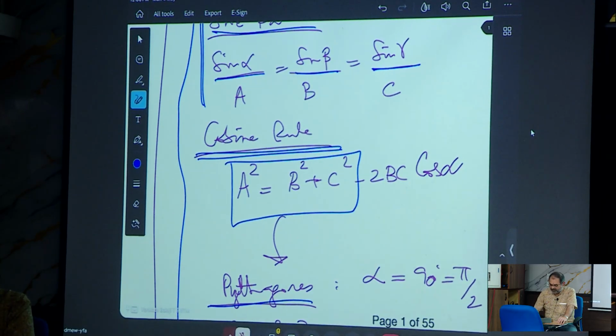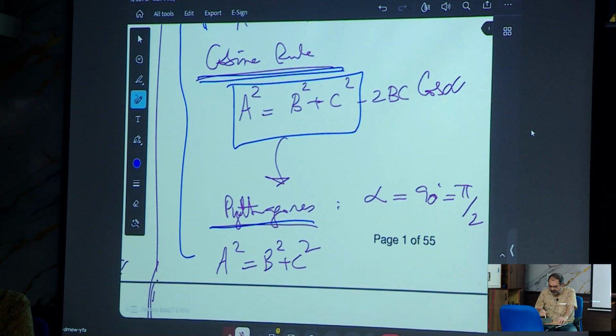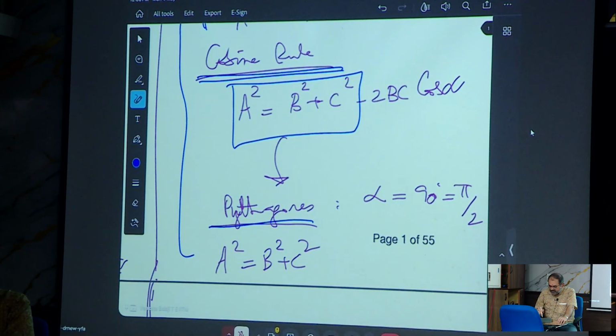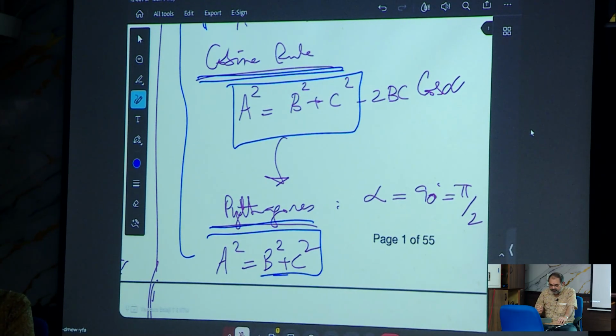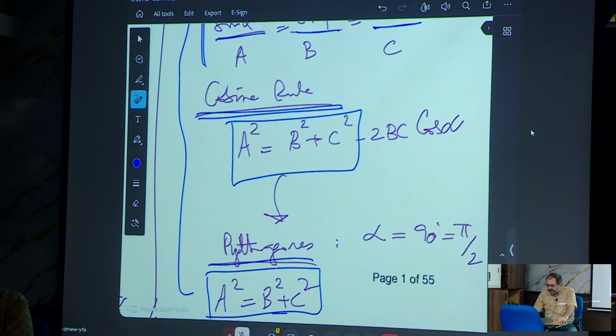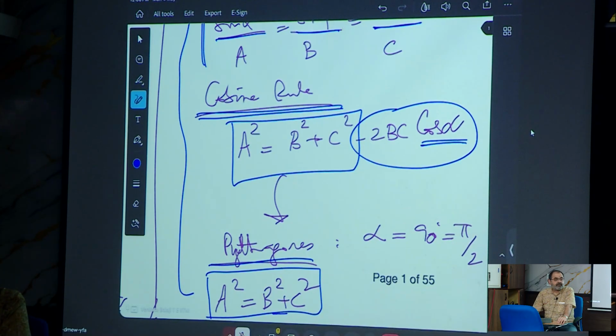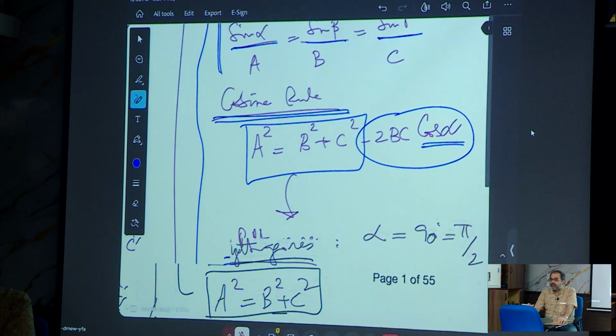Pythagoras' theorem says that if you have a right angle triangle with hypotenuse A and the other two sides B and C, then A squared is B squared plus C squared. But if the angle is not a right angle and you have some angle alpha, then there is a defect, and that defect is minus 2 BC cos alpha. This is the cosine rule. So this is the usual trigonometry.